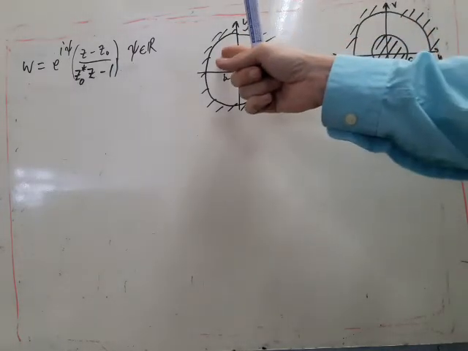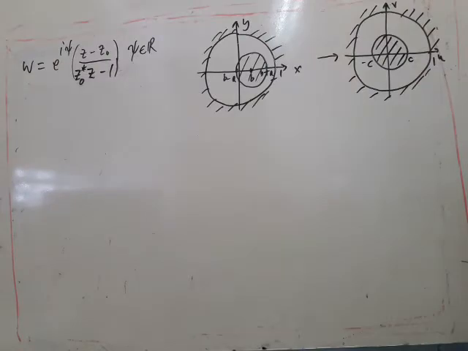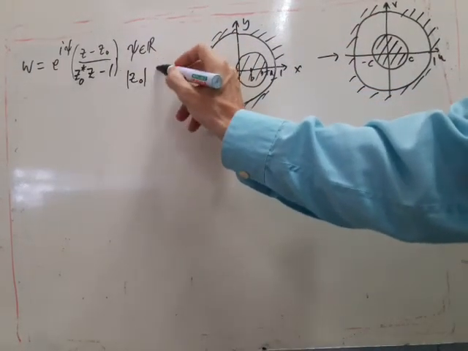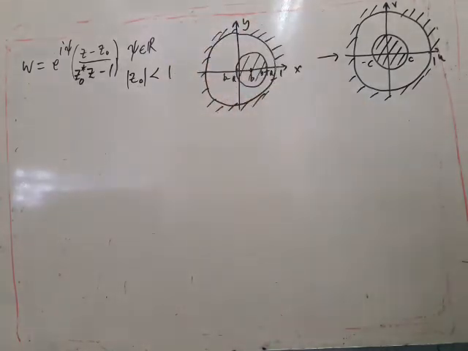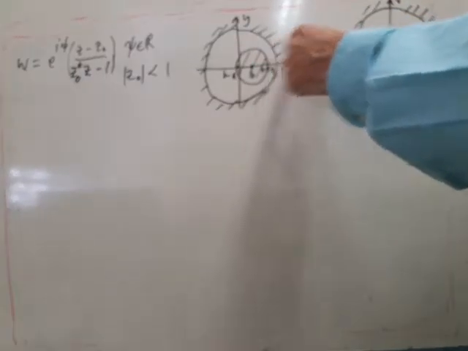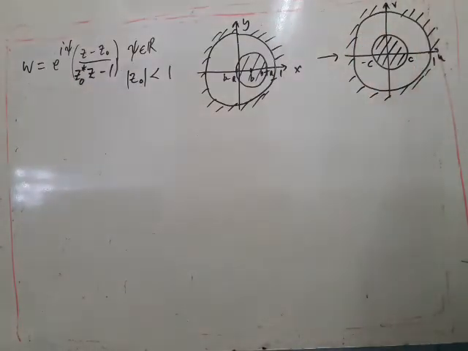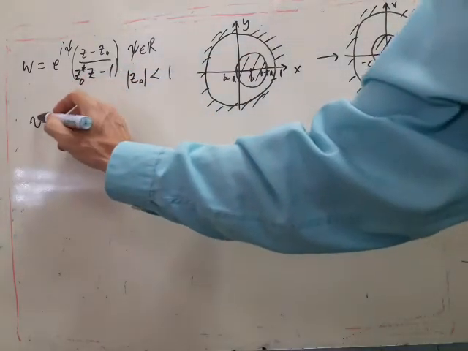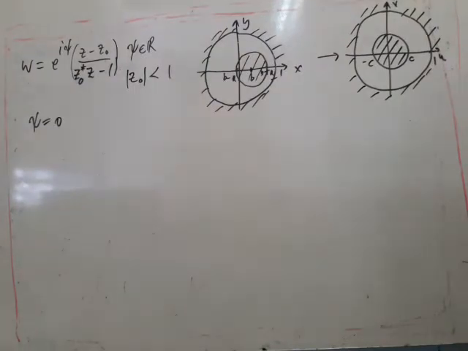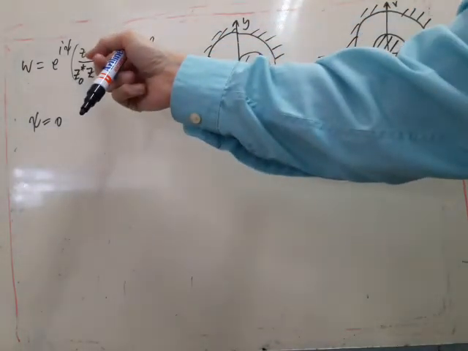We obviously want the interior to get mapped to the interior, so that means we have this additional condition that mod z0, whatever it is, needs to be less than 1. It looks like we want the real line to get mapped to the real line as well. Okay, so we can ensure that that happens by choosing psi equals 0 and z0 also real.